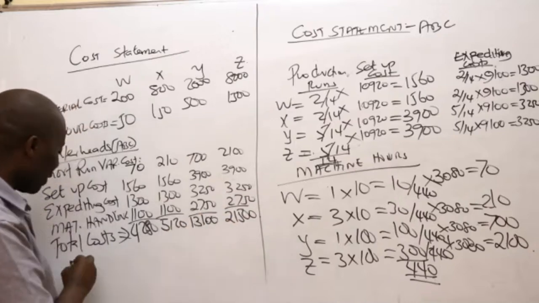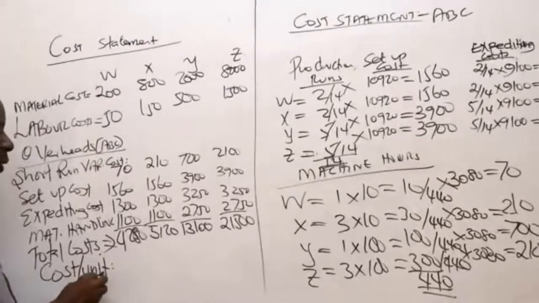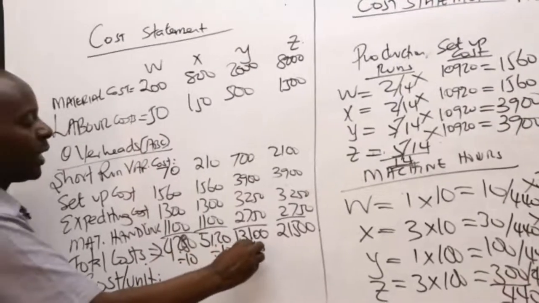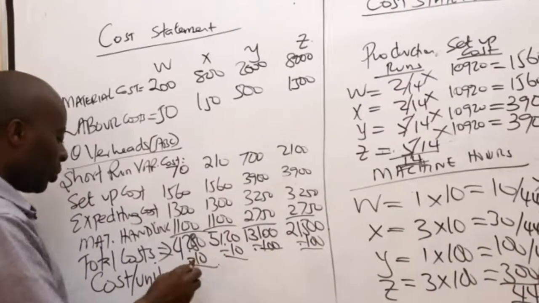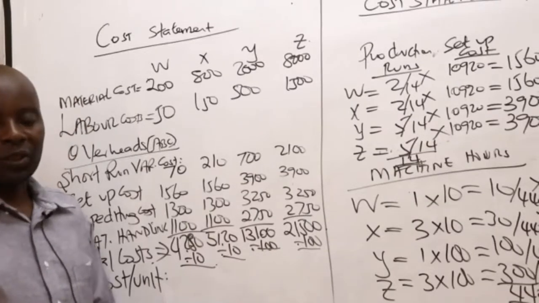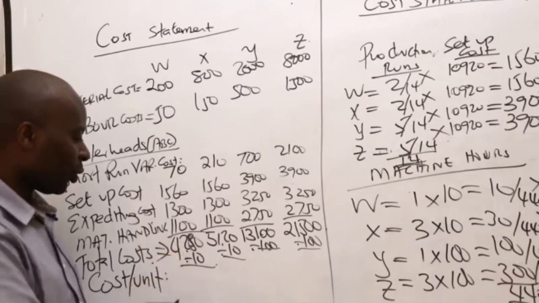Don't forget that what they wanted at the end of the day is for you to give them cost per watt year per unit. So come and divide this by the number of units: 10, 10, 100, 100. Divide them for you to be able to give us the cost per unit, which at the end of the day will be this divided by 10, 428.